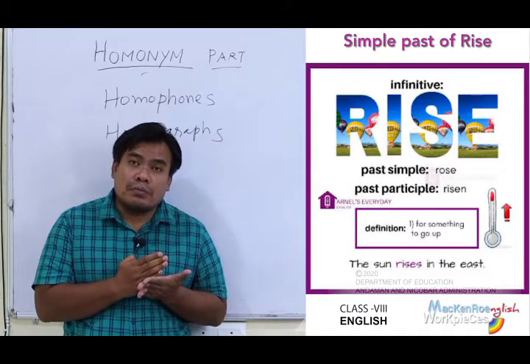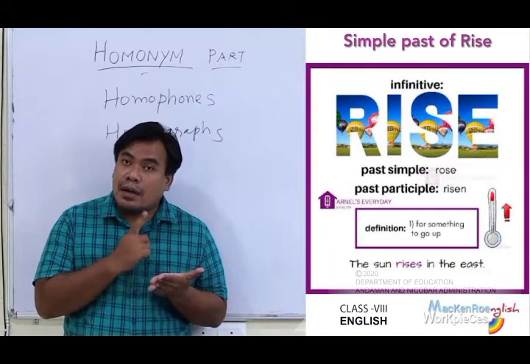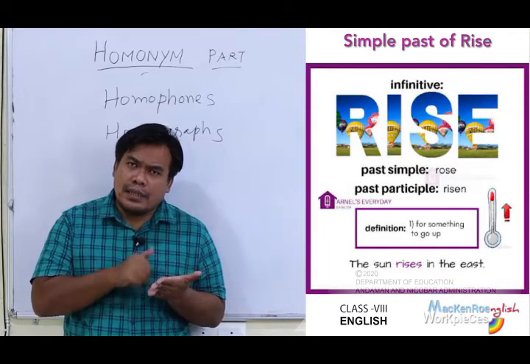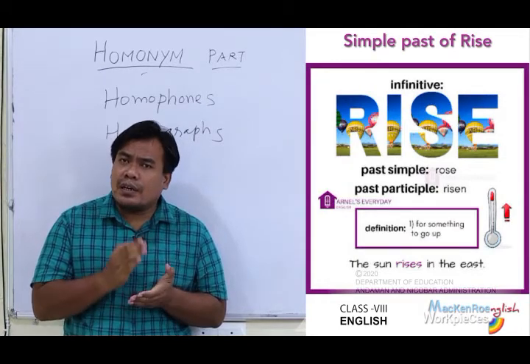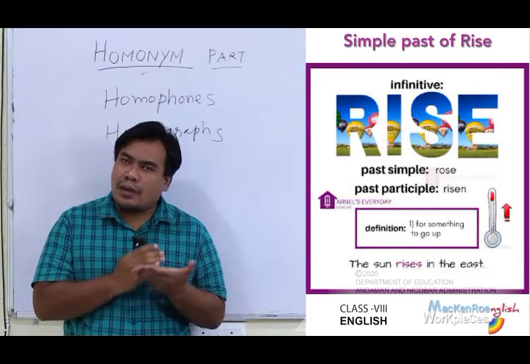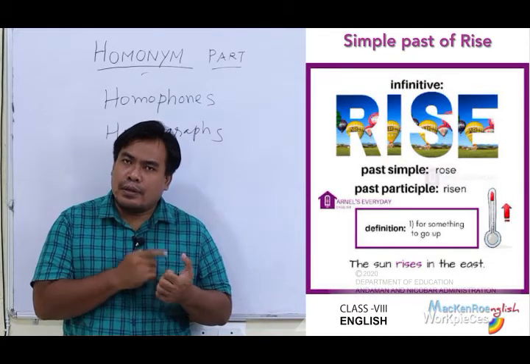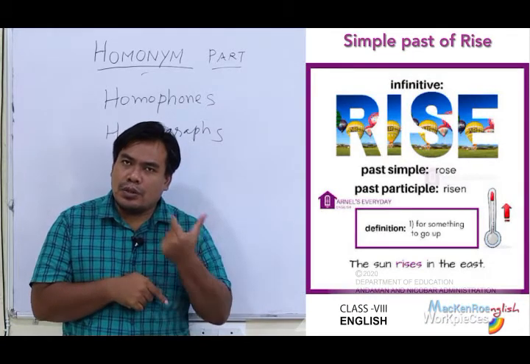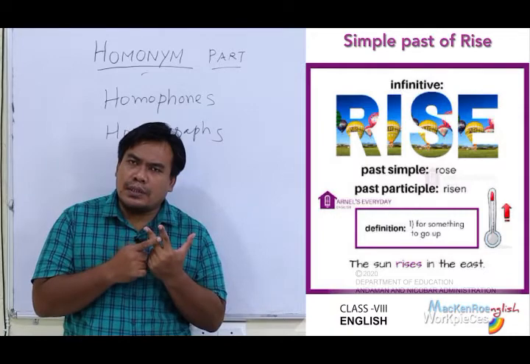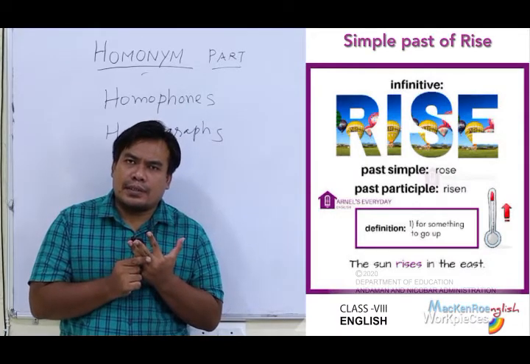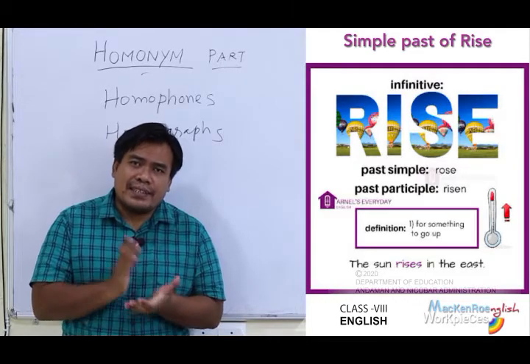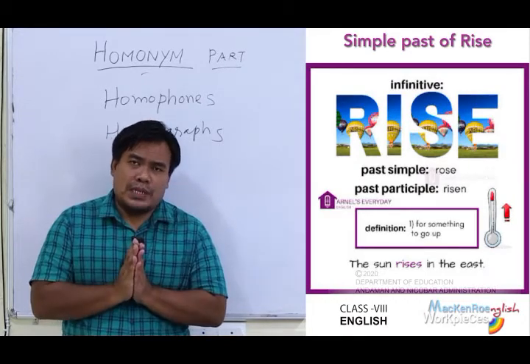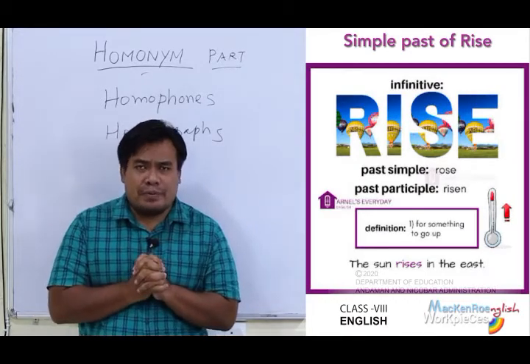What could be the third form? Risen. R-I-S-E-N, risen. And the fourth form with ing, rising. Okay, now you're getting my point. Rise, rose, risen, rising. So the past form of rise is rose. Now that is one of the homonyms.